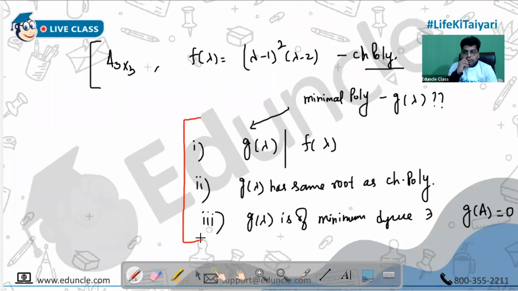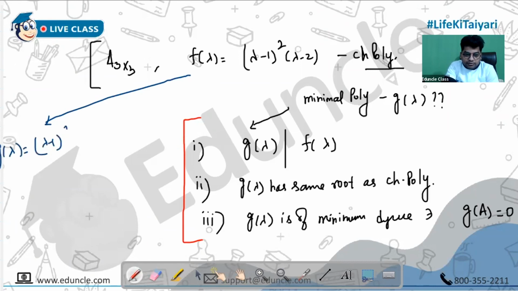First, g lambda divides f lambda. So what are the possibilities here? g lambda divides f lambda and g lambda has the same roots. See, f lambda itself can be a minimal polynomial, g lambda equal to f lambda, that is lambda minus 1 whole square times lambda minus 2. Second, g lambda can be a polynomial of 2 degree, since this is a polynomial of 3 degree.